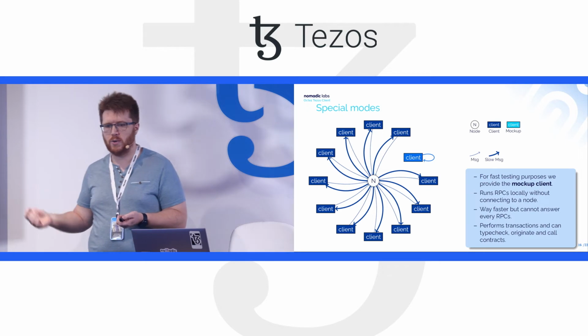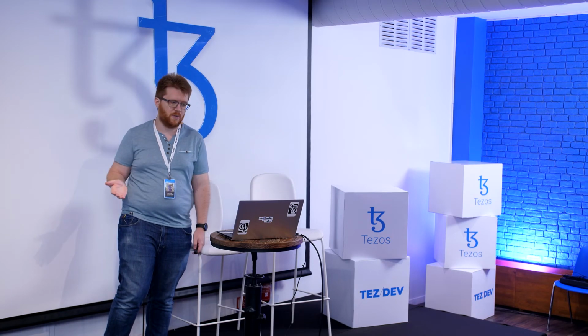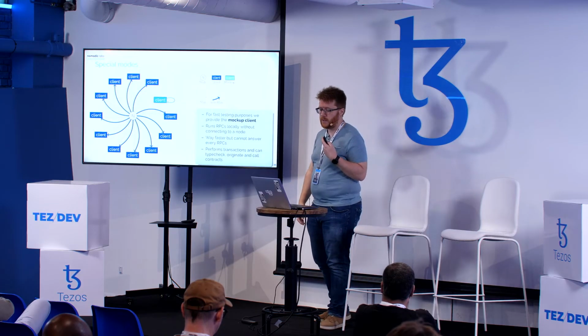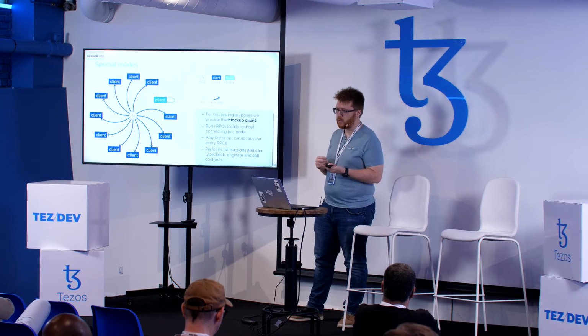But of course, you cannot use all the RPCs, all the commands of the client, because for some of them, you have to know the actual state of the ledger and communicate with a node. Still, it's very powerful, because you can simulate some transactions, you can originate a contract, you can call the contract, so you can already do a lot of testing in the mockup client.